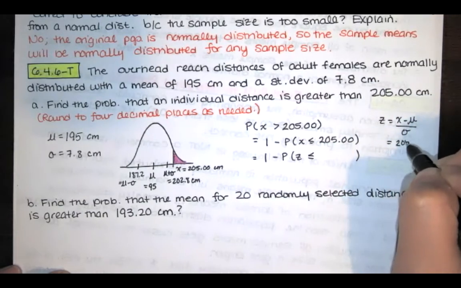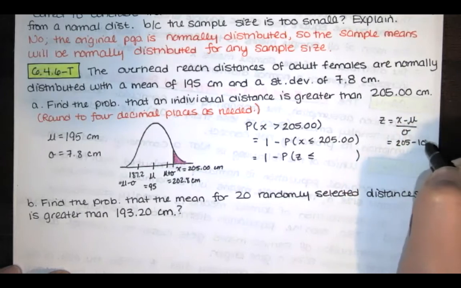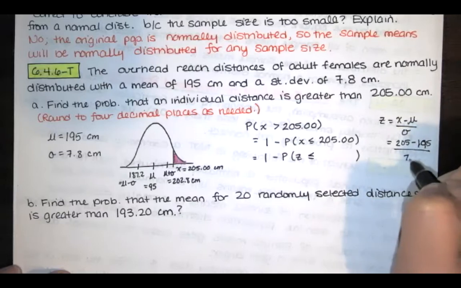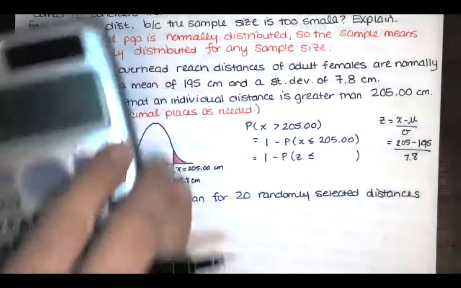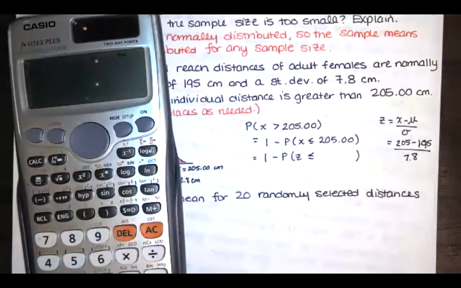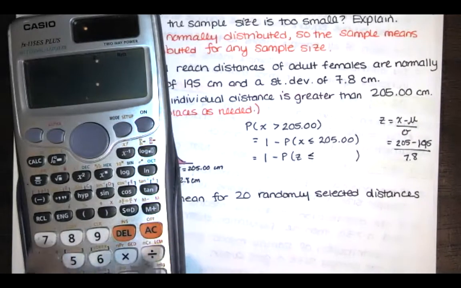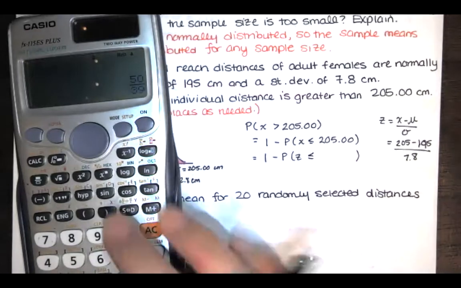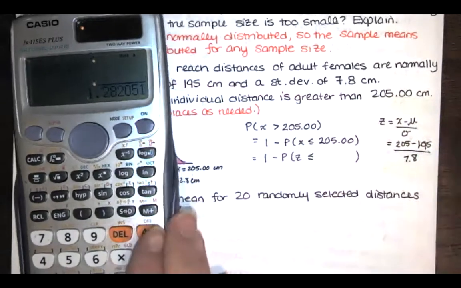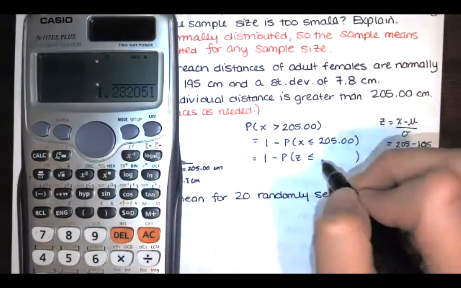So we've got 205, we're subtracting the mean of 195 from that, and we're dividing by 7.8. So 205 minus 195 is going to be 10, and we're dividing by 7.8. And so we get about 1.28 standard deviations.